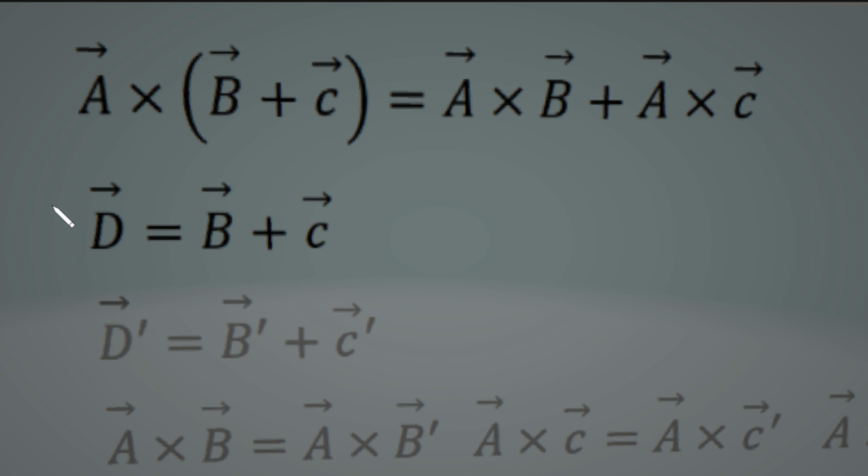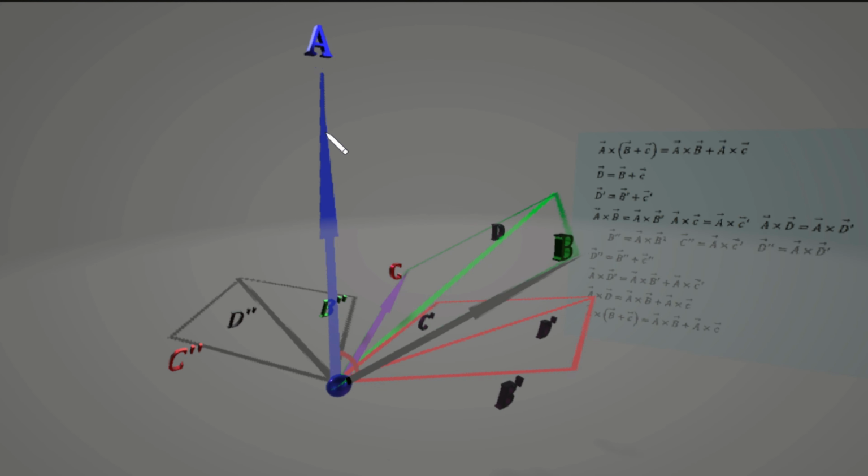The actual situation is represented in three-dimensional view. In terms of geometry, A bar is represented by blue color, B bar by black color, C bar by violet color.